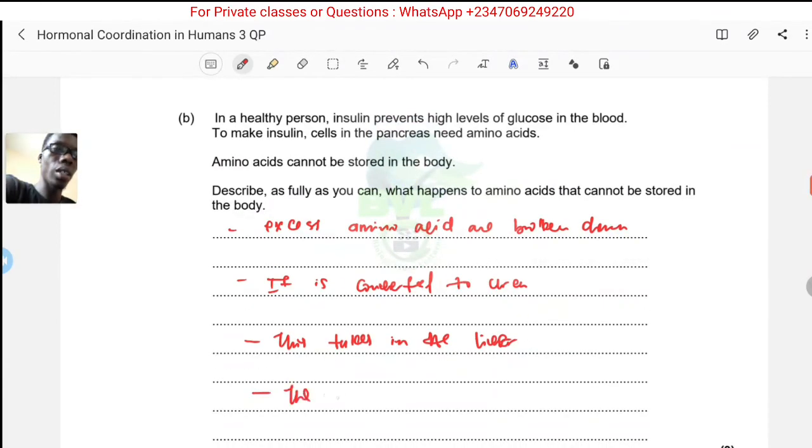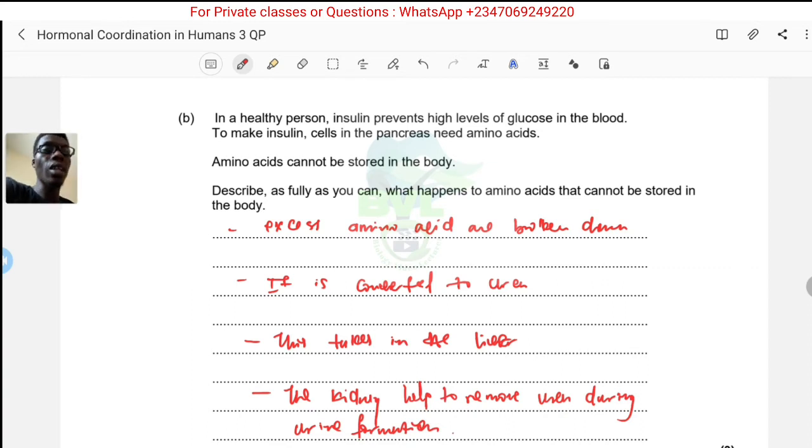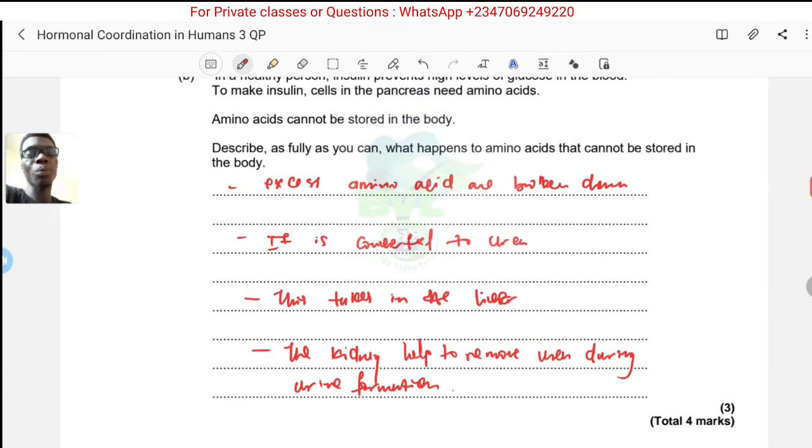The kidney helps to remove urea during ultrafiltration in the kidney, during urine formation. Any of this is okay. It's a 3-mark question, so it's just to break the whole explanation into points, basically.